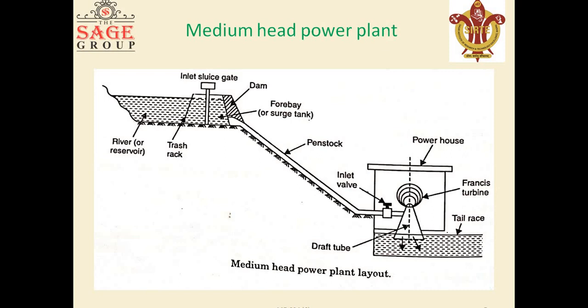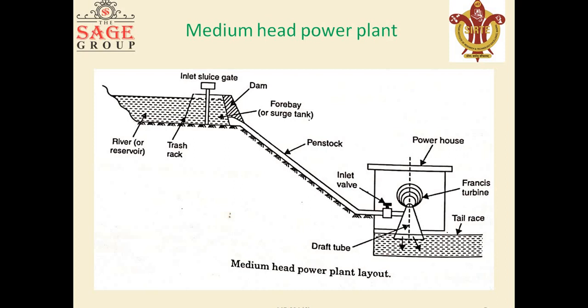In such plants, the water is generally carried in open canals from the main reservoir to the forebay, and then to the powerhouse through the penstock. The forebay itself works as a surge tank in this plant. This is the simple construction of a medium head power plant.